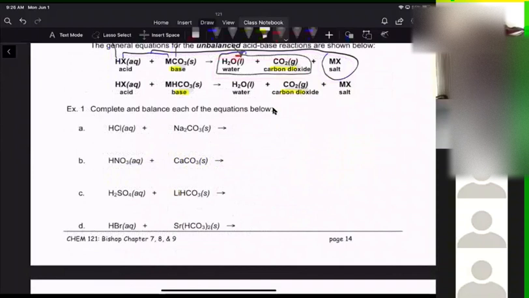So let's go ahead and write those. Every time, CO2 and water, and then you have to figure out that salt. And then is the salt solid or aqueous? And then we'll balance. These are all balanced differently.